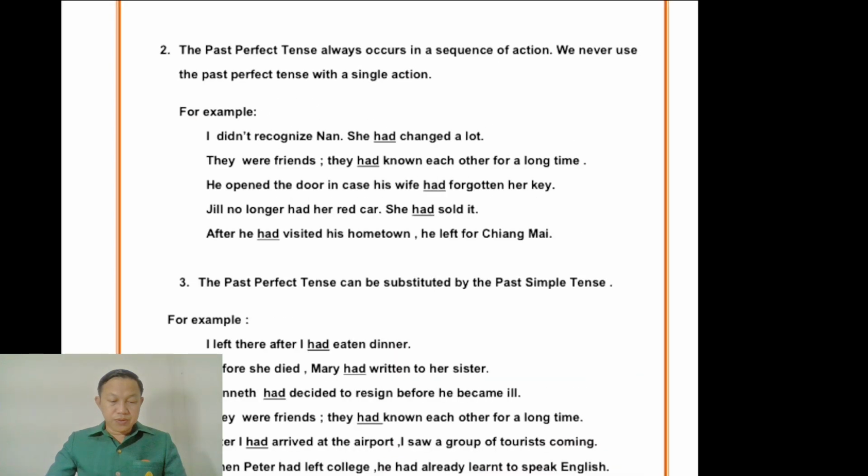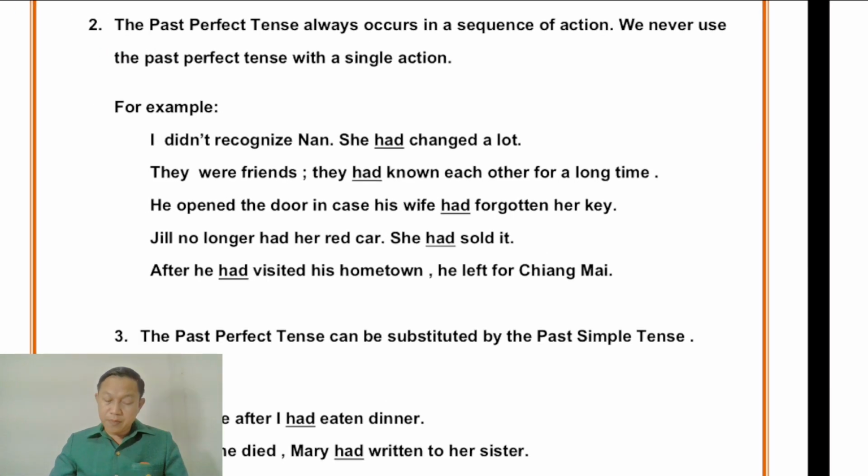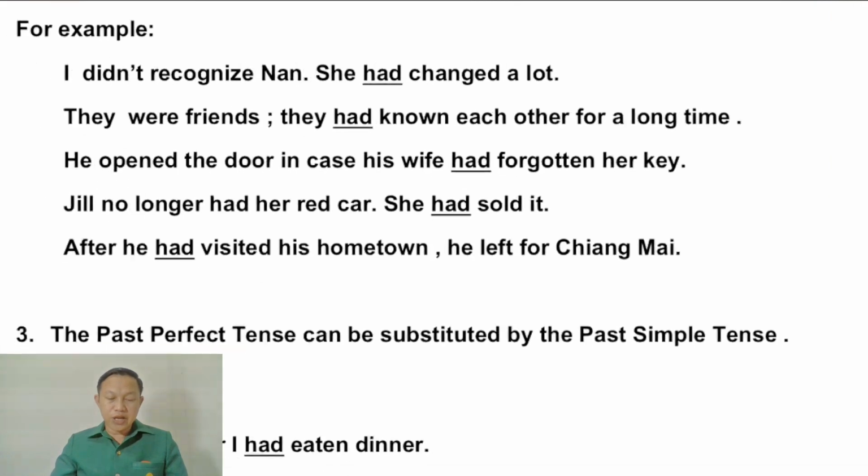Rule number 2: the past perfect tense always occurs in a sequence of actions. We never use the past perfect tense with a single action. Here, I didn't recognize Nan. She had changed a lot.